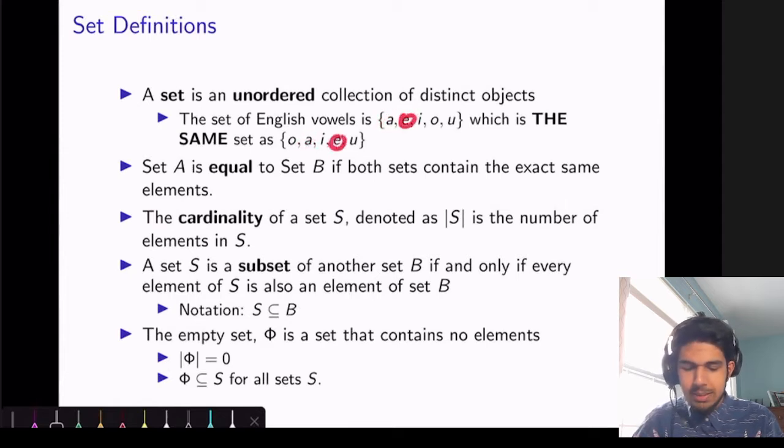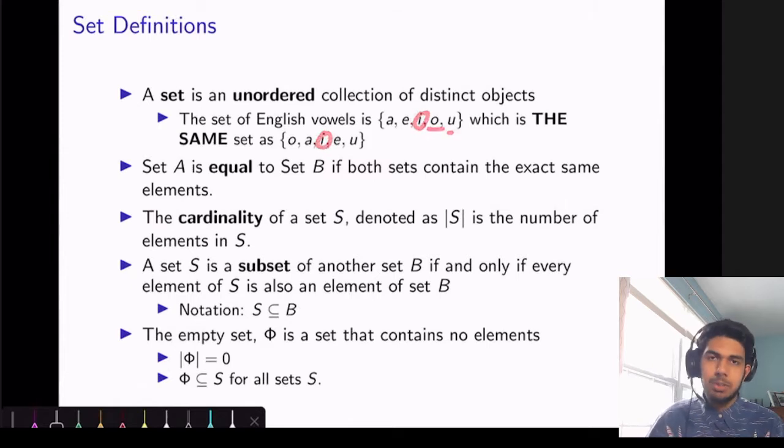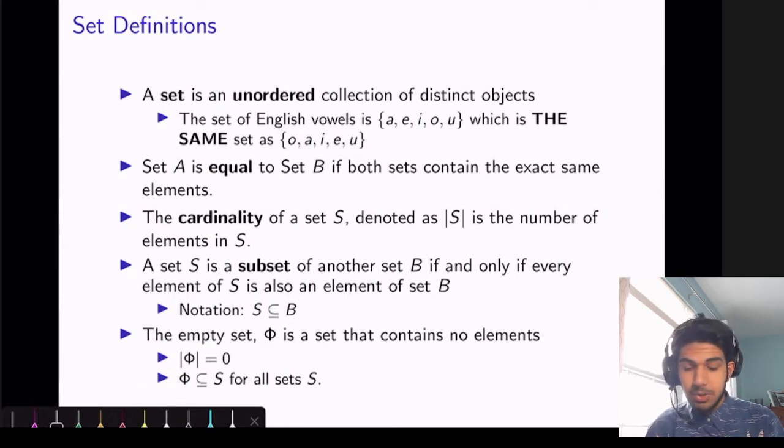E is in both of these sets, I also, same with O and U. So they contain the same elements, they're just in a different order, but that makes those sets the same. Also note how there's no repetition of letters. So we don't have A, A, E, I, O, U. That wouldn't be a set. They have to be distinct objects.